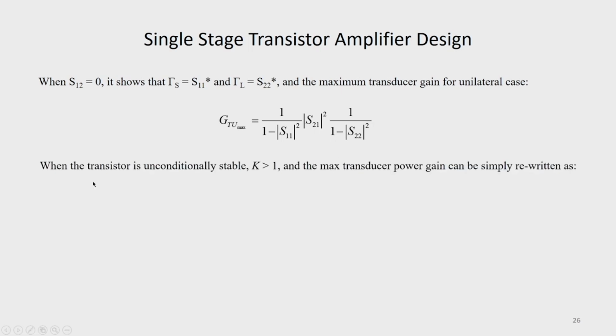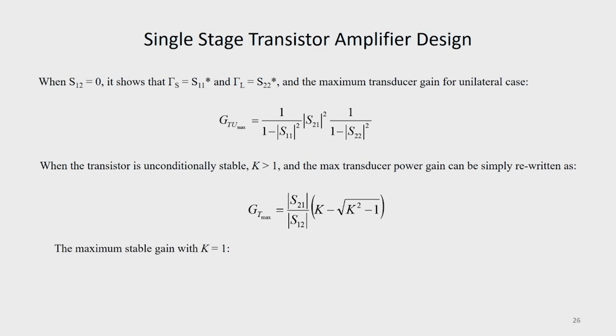So, when the transistor is unconditionally stable, K is greater than 1 and the maximum transducer power gain can be simply rewritten as GT max is mod of S21 divided by mod of S12 into K minus root K square minus 1.